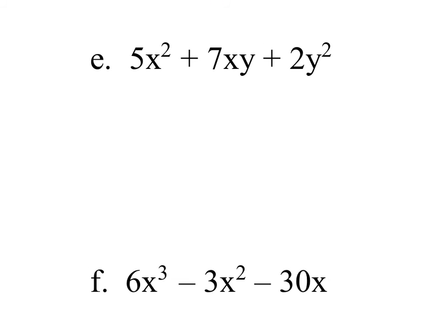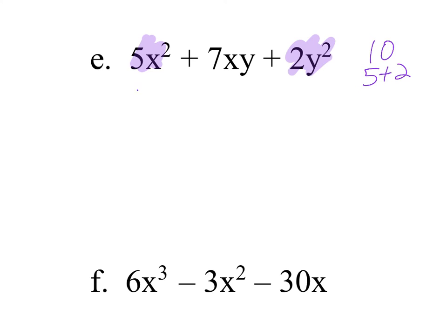All right, so we have 5x squared and 2y squared. This gives me 10, whoops. 5 times 2 is 10, and add to 7, 5 plus 2 adds to 7.